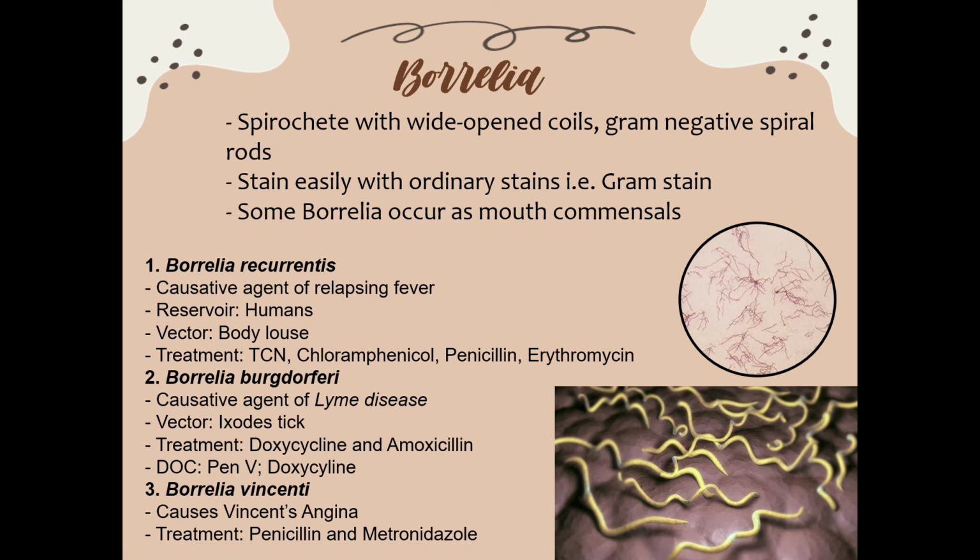Once you are bitten by this tick, the affected area will have a nodule that looks like a mosquito bite, and when you scratch it, it results in a large circular reddish nodule, but much bigger than that of a mosquito. Next strain is Vincentii, which causes Vincent's angina.